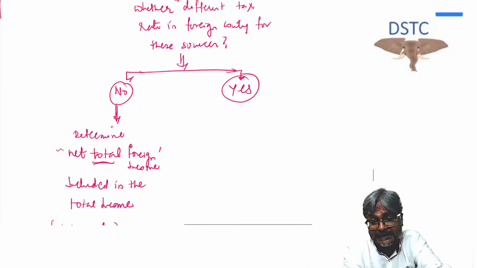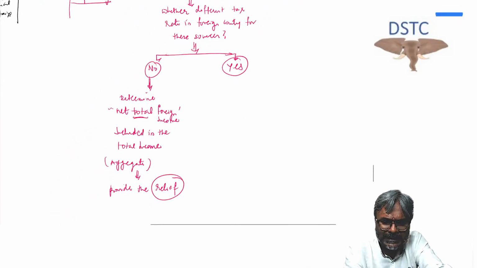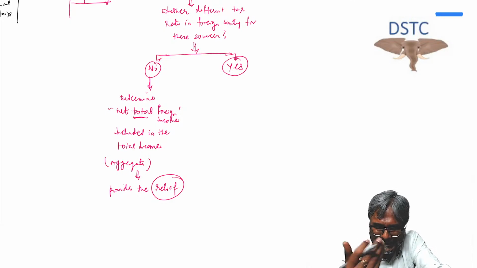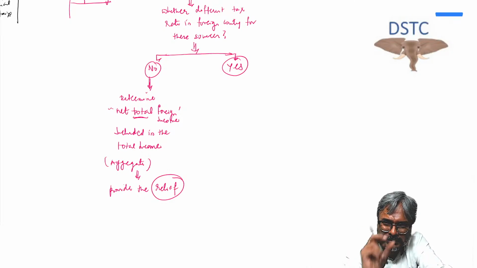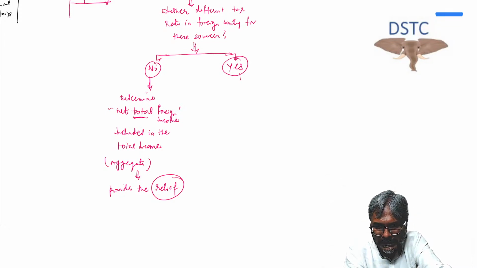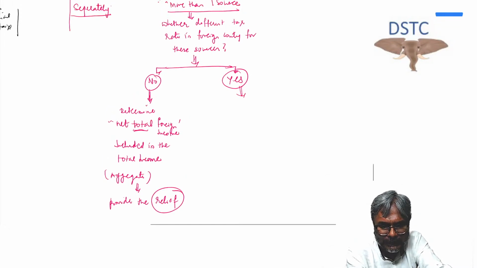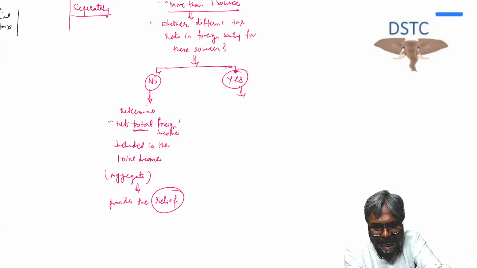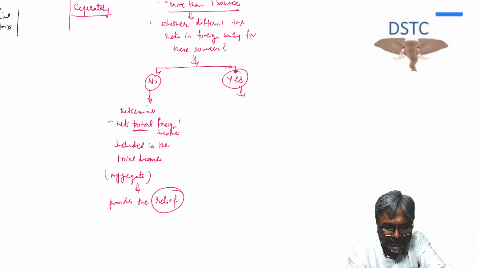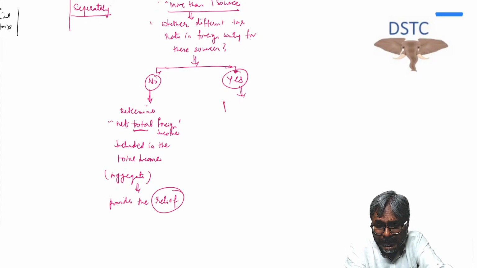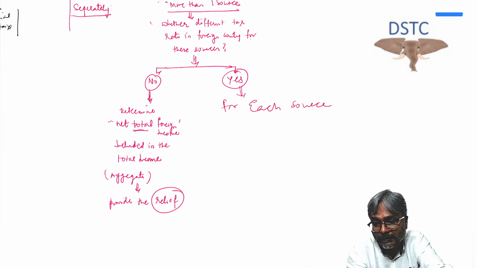If the answer is yes, in this case, here I'll give you the numerical question also quickly. We'll discuss it and we'll finish it on this, instead of referring to those big questions. If whether different tax rate in foreign country for these sources, if the answer is yes, then for each such source, compute the credit separately.